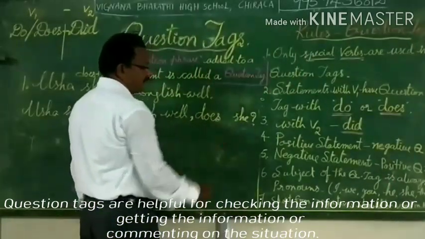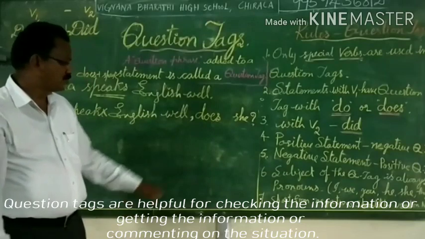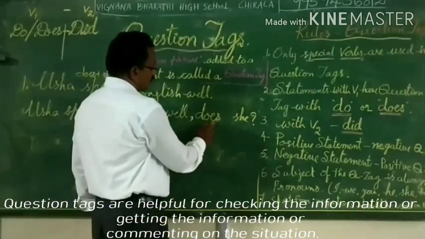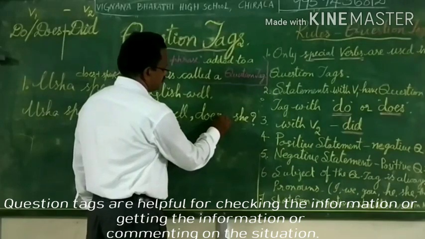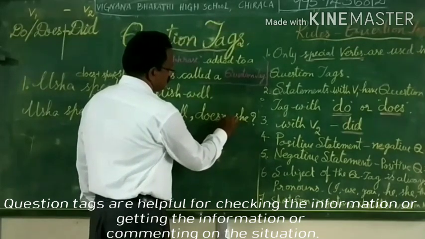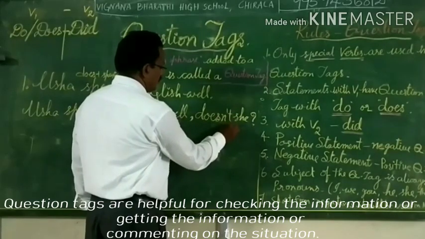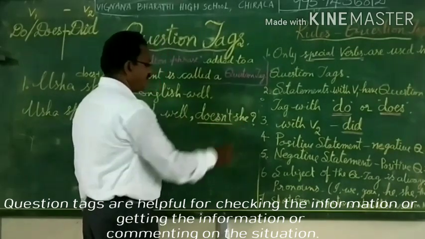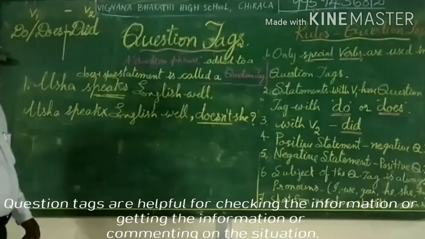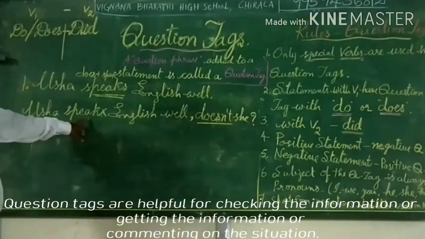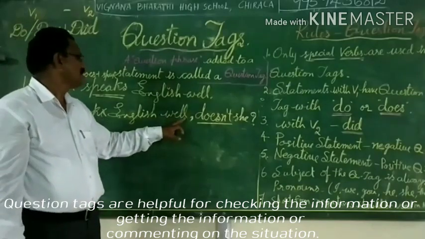How do we make this question tag negative? By adding not to this helping verb. Does not. So the short form of does not is doesn't. Doesn't she. Doesn't she. That is the answer. Here Usha speaks English well.